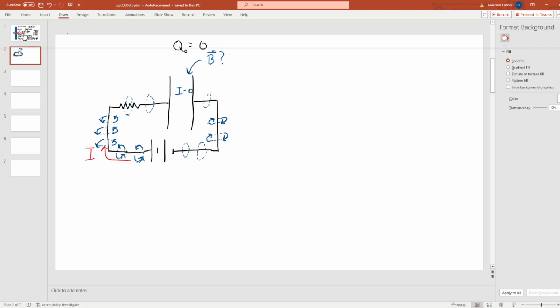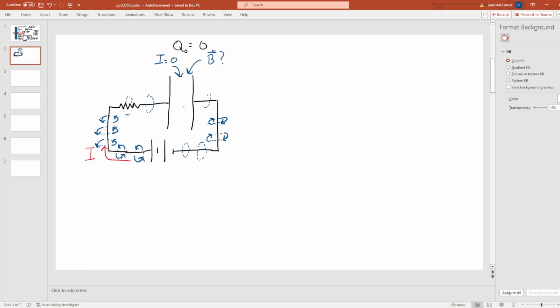Let me not put it there because I'll draw some electric fields here. This will be true for all time though, okay? I is going to be 0 between the plates.